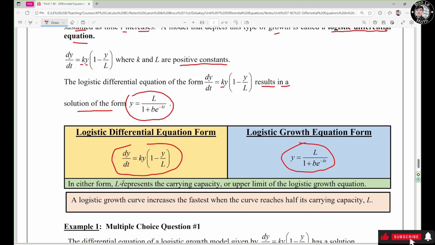In either form, L represents the carrying capacity, and L right here and L right here should be the same, or upper limit of the logistic growth equation, which is the maximum. A logistic growth curve increases the fastest when the curve reaches half its carrying capacity L.